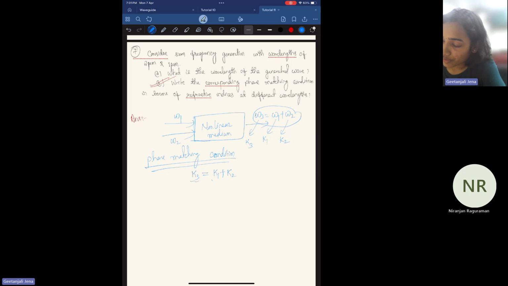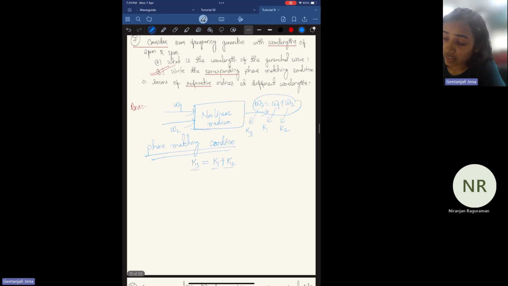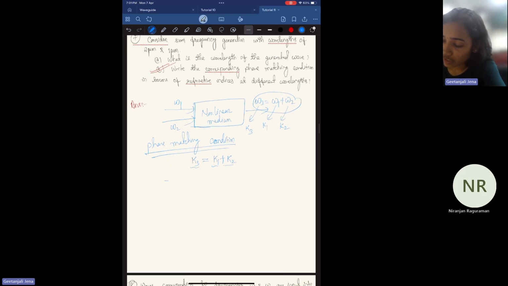Written in terms of wavelength and refractive index, k3 is k0 times refractive index, that is 2 pi over lambda 3 times n3, equal to 2 pi n1 over lambda 1 plus 2 pi n2 over lambda 2.